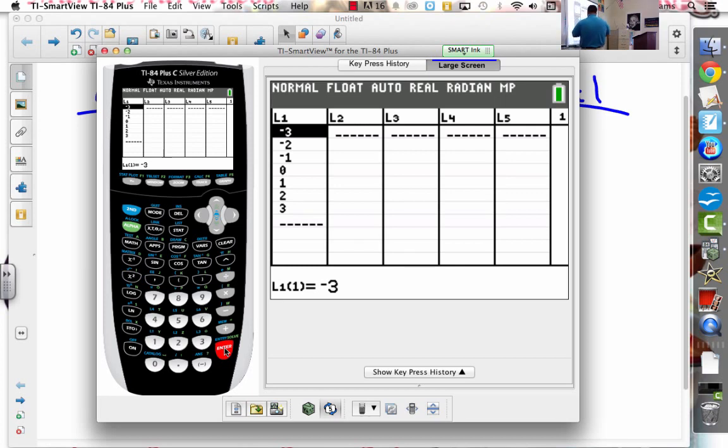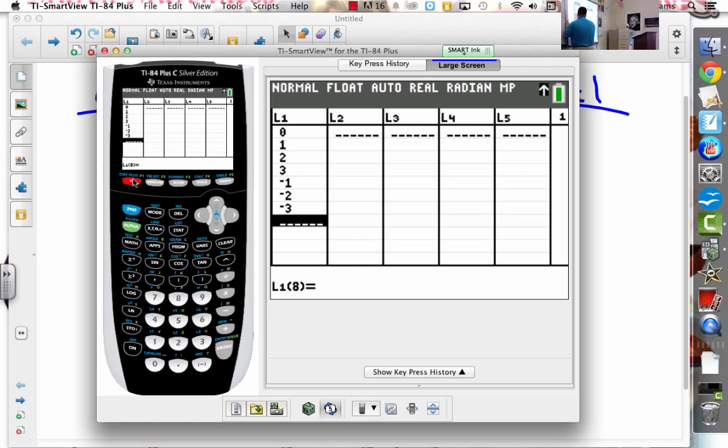So I'm going to change the order so you know what we're doing. I'm going to go 0, 1, 2, 3, and then -1, -2, -3. That way I graph the original function first, and you can see what it's doing.